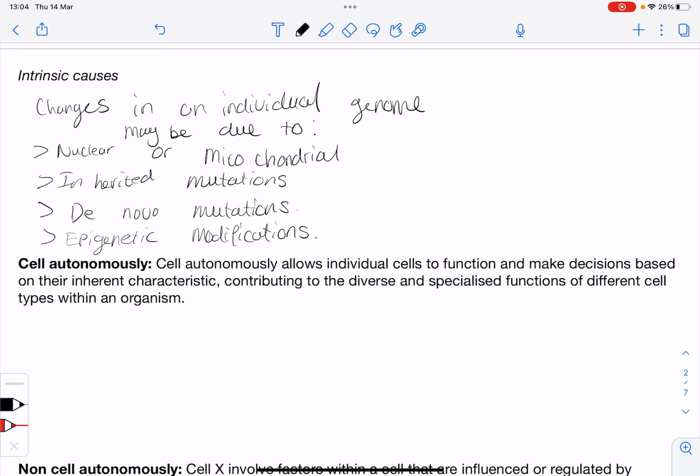So that's something that we have to look at, because, for example, let me give you an example here.